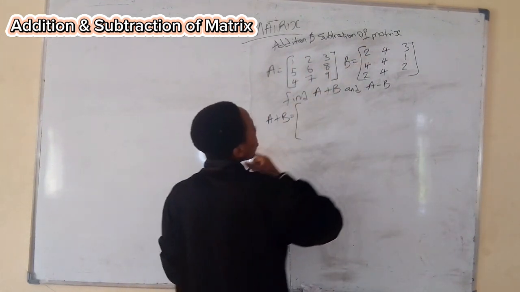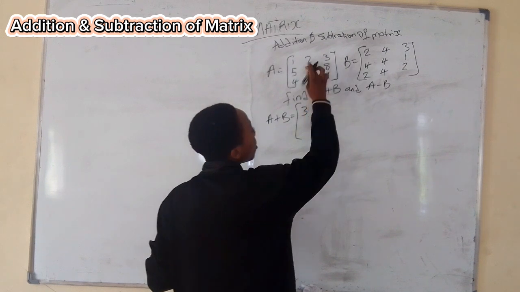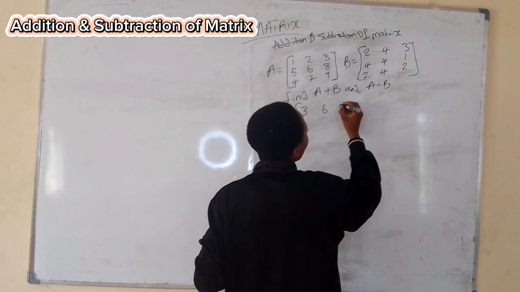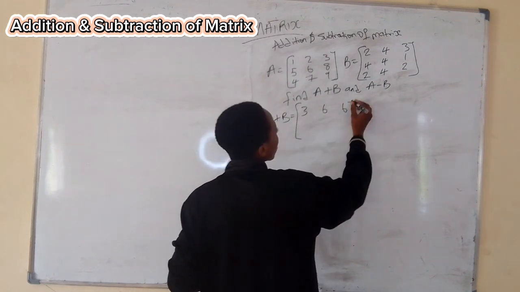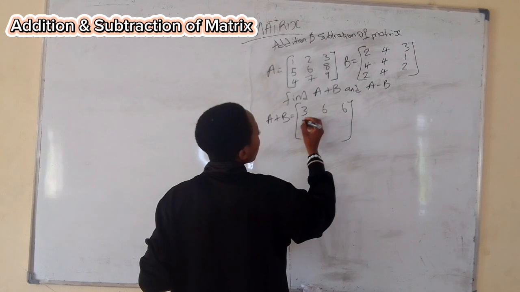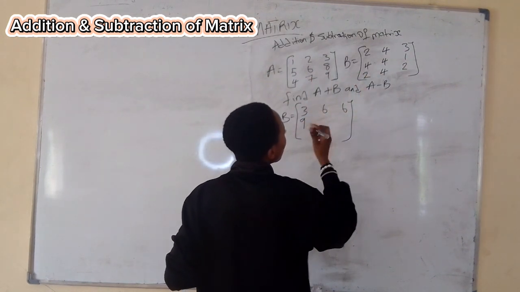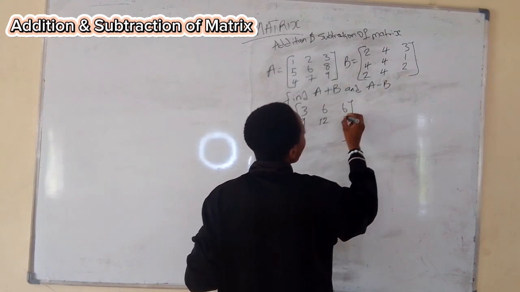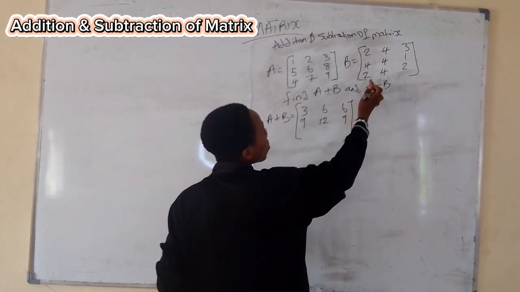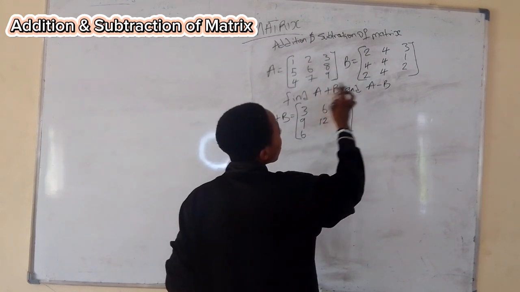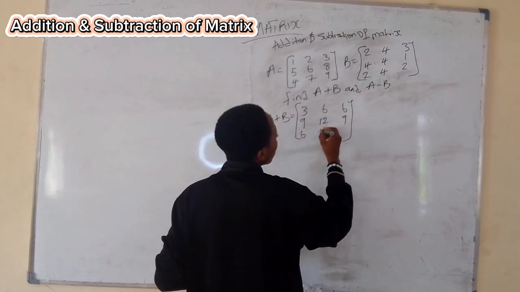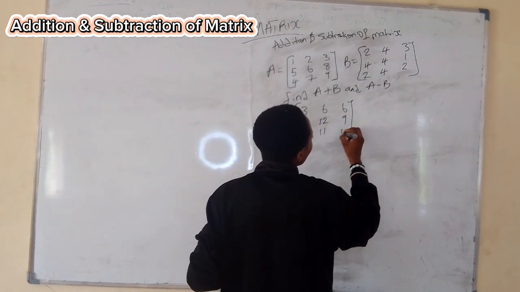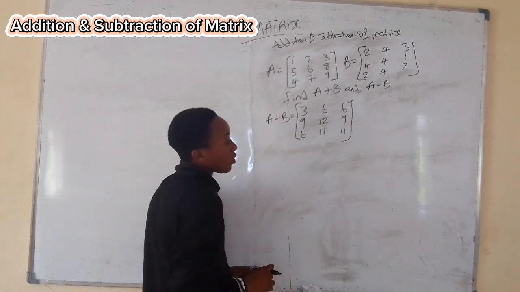Your 1 plus 2, that's 3. 2 plus 4 will give us 6. 3 plus 3 gives us 6. 5 plus 4, 9. 6 plus 4, 10. 8 plus 1, 9. 4 plus 2, 6. 7 plus 4, 11. 9 plus 2, 11. So that's the addition.